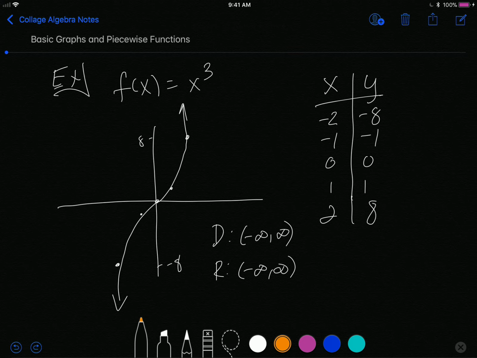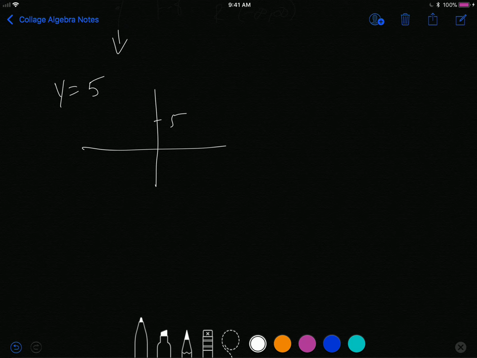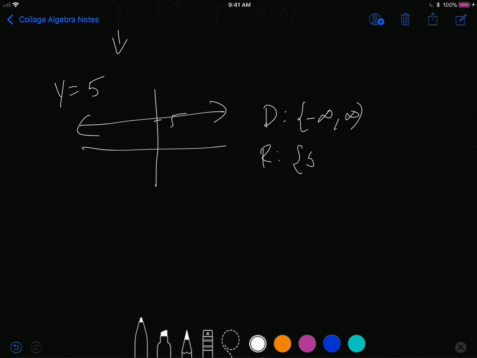Your basic graphs include, but are not limited to, y equals a constant. That right here is, say, 5, it goes across this way. Domain, all real numbers. Range is just the value 5. And this is symmetric about the y-axis.